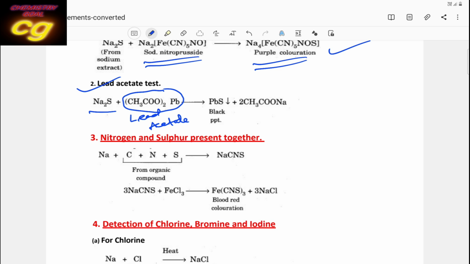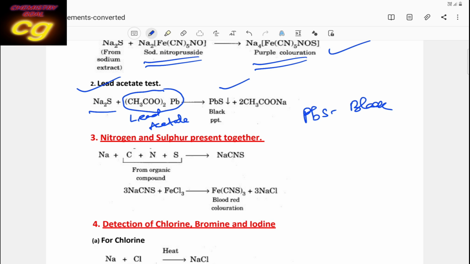When lead acetate solution is added to the Lassaigne's extract, a black lead sulfide, PbS, is formed. Immediately a black mass forms, indicating the presence of sulfur.